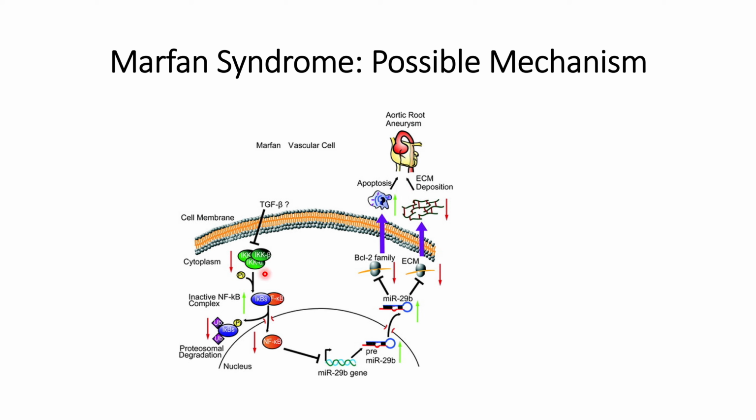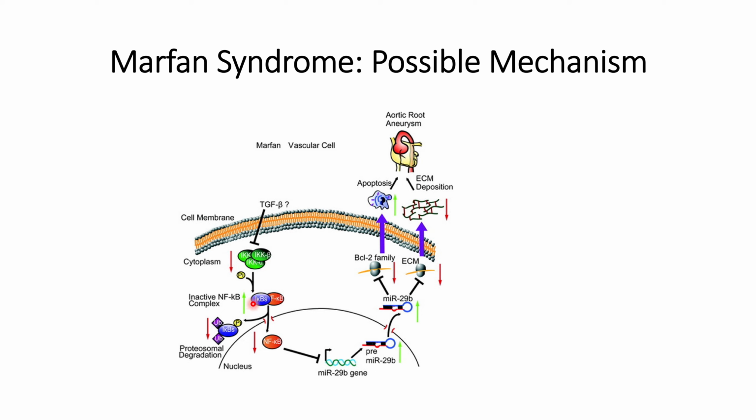In the case of Marfan syndrome, because of the TGF beta signaling observed in Marfan syndrome patients or Marfan syndrome mice, it will decrease IKK alpha and IKK beta.